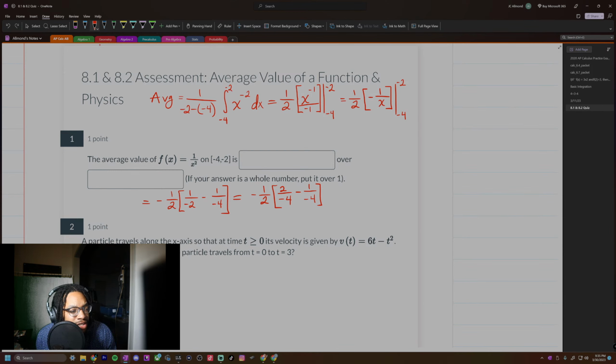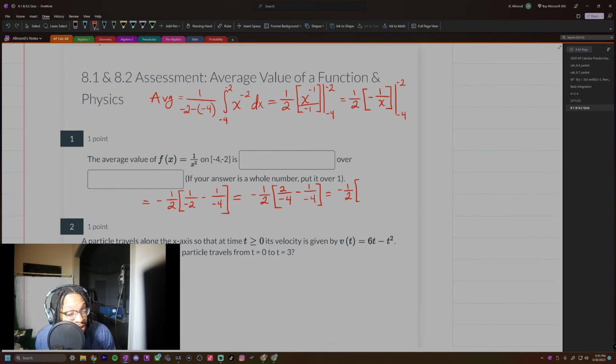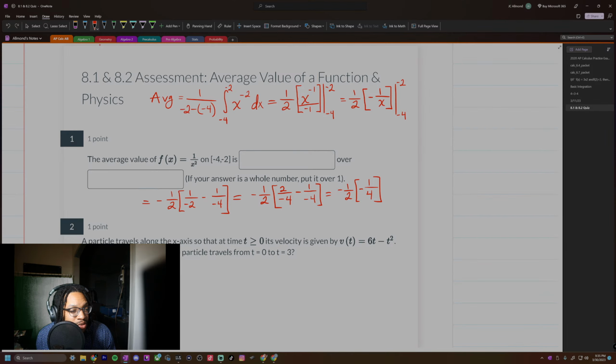I should write this as like -2 over 4 plus 1 over 4. But anyways, it'll be -1 over 2 parentheses. So if I move the negative sign up to the numerator, that'll be -2 plus 1. -2 plus 1, which is what? -1 over 4. -1 over 2 times -1 over 4, that's just 1 over 8 is what I'm getting.